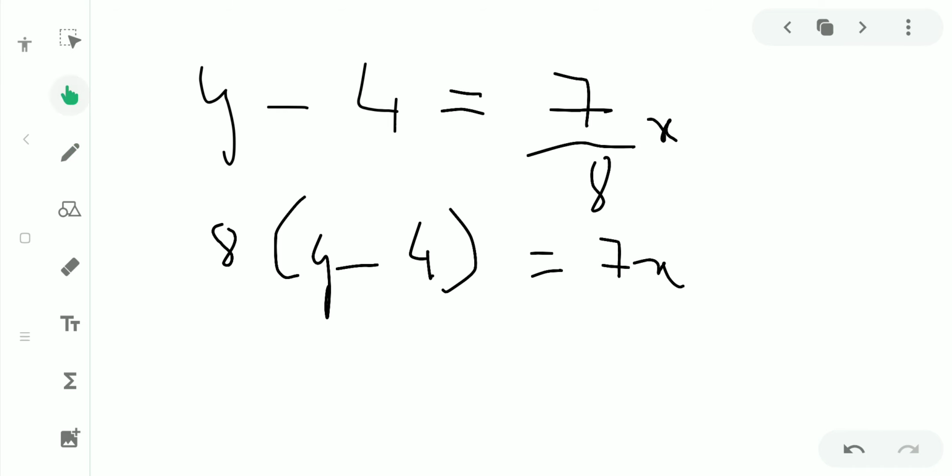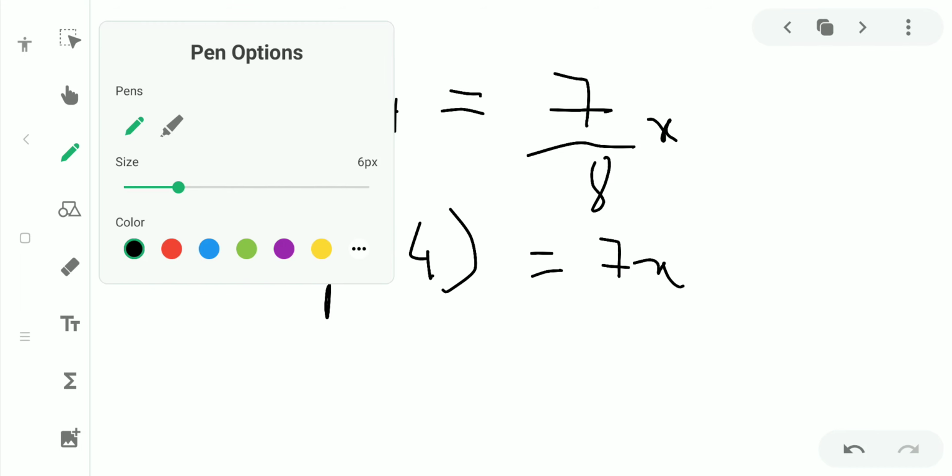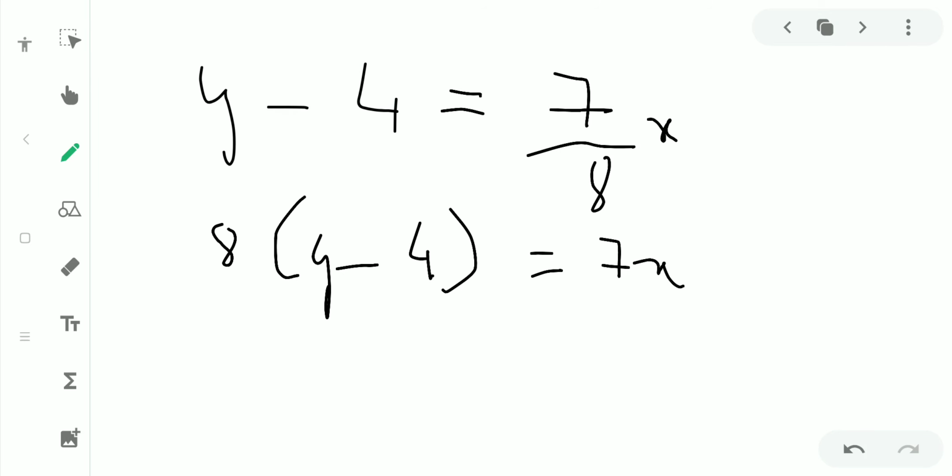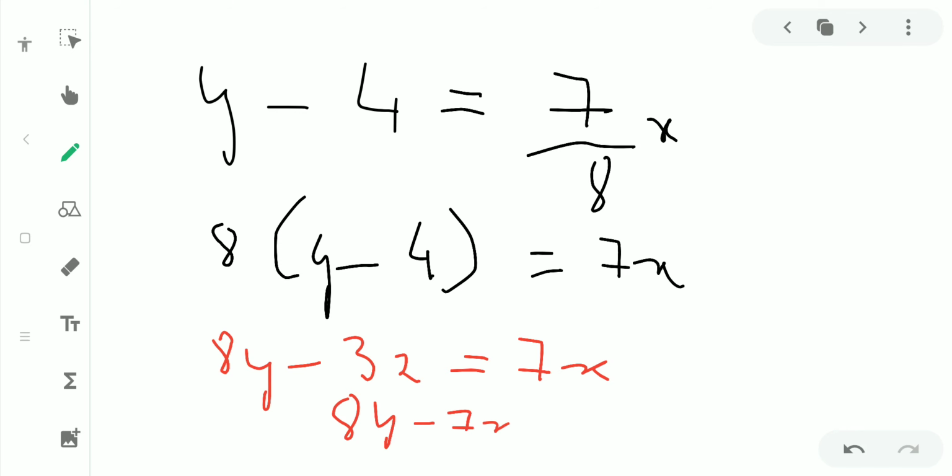So 8y minus 32 is equal to 7x, and we get 8y minus 7x is equal to 32. This is our second equation.